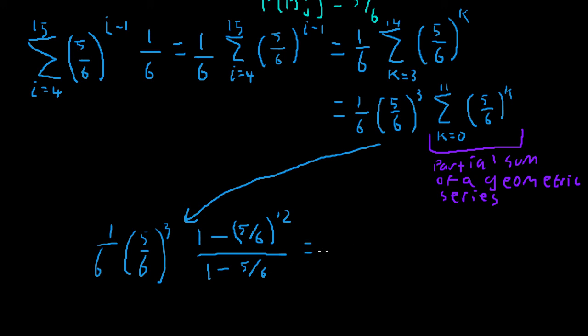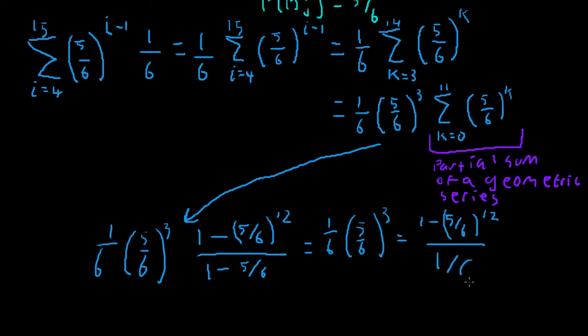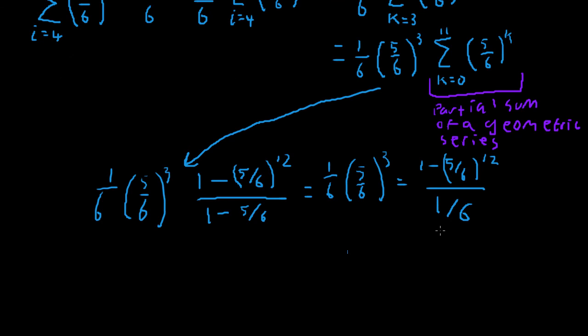So this gives us 1/6 times 5/6 cubed, and then 1 minus 5/6 to the 12th divided by 1/6. And this is going to cancel this term here. Remember, this is going to cancel this guy out, right? So this is dead, this is dead.